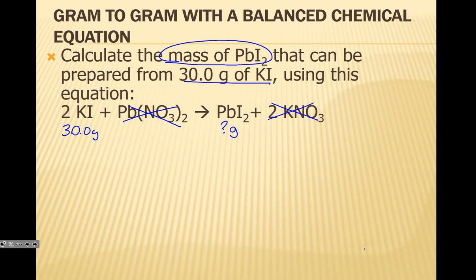Okay, so double check and make sure that you've written that part up right so you don't go through the whole thing and figure out you've got it wrong. Make sure you're putting full labels on everything because you need to know if it's grams or moles and what compound it is.